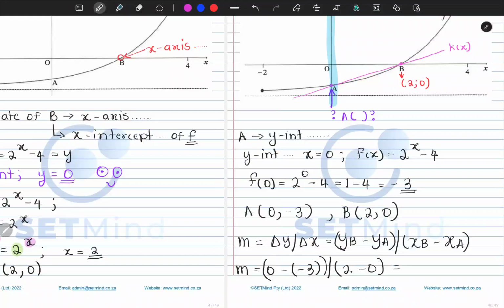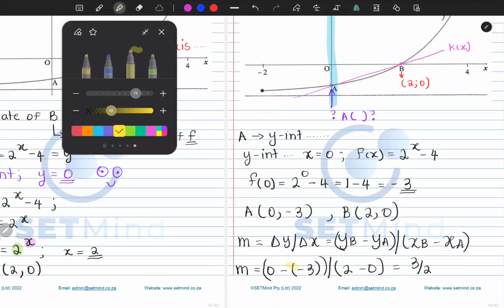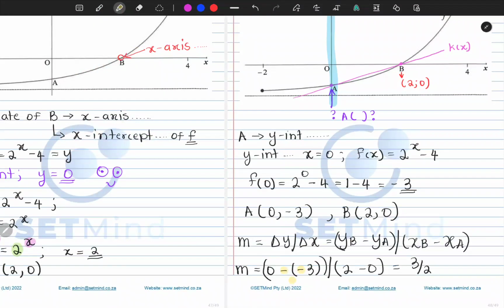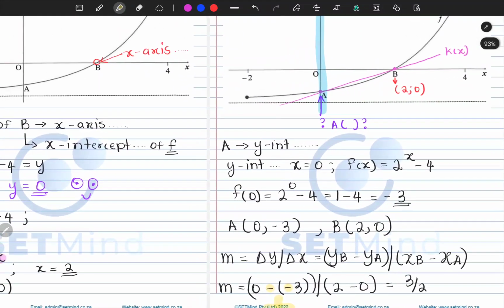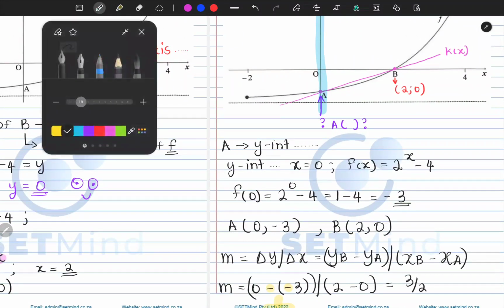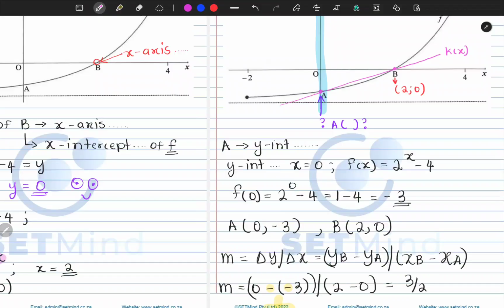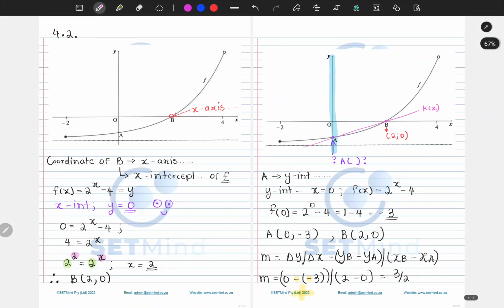So if you look carefully, our gradient will end up being 3 divided by 2, because the negative and the negative there will end up making a positive. So that is our gradient. And then we can clearly see that our c will be negative 3. But let's go ahead and just do the work a bit manually.